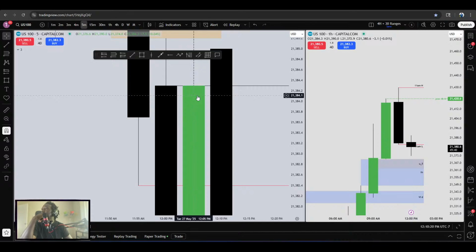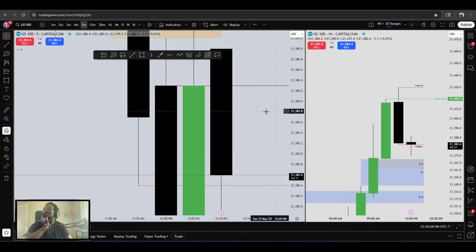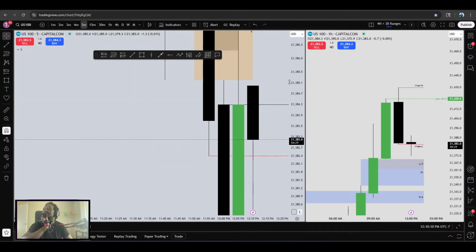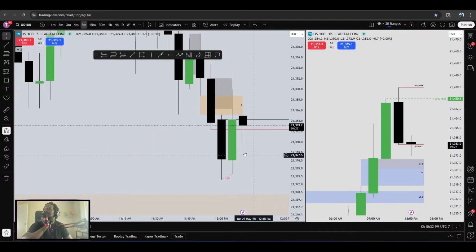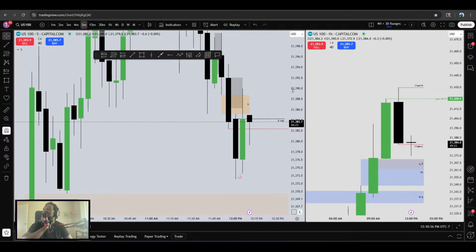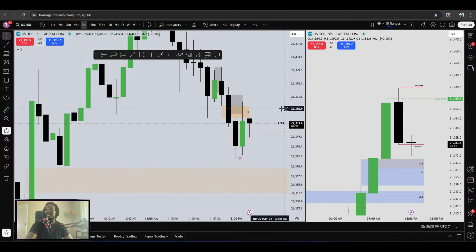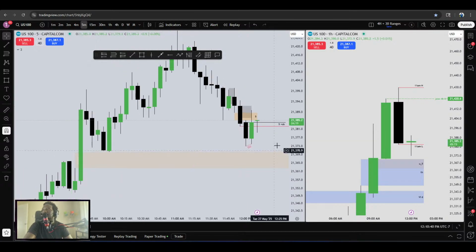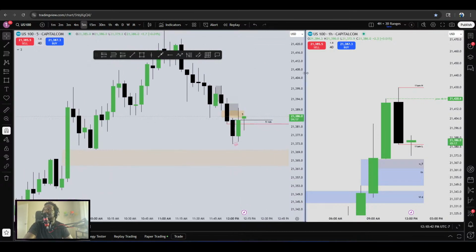What is that closing price? 21,384.3. So those levels are exactly the same. I need to see a candle closure above that on the 5 minutes. So I still don't take a trade until the next 4 minutes. And if that means I miss that trade, I'm all good.